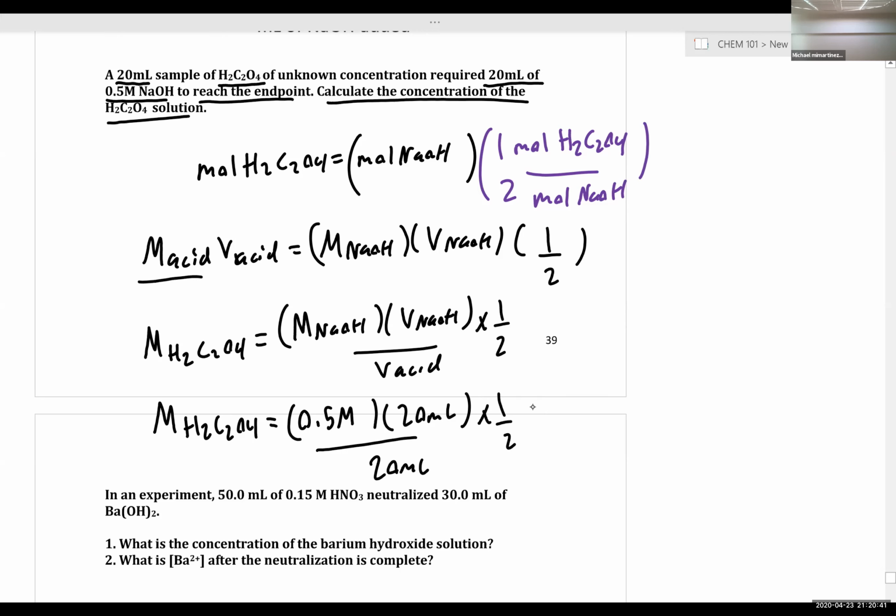And that in turn would give us 0.25 molar. Give me 1 second to restart OneNote.